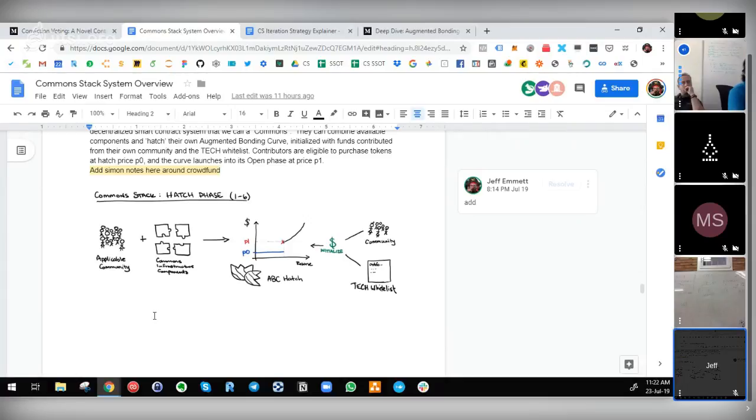Now, most of our real physics engineering work is built on natural laws. So F equals ma, V equals IR, etc. What we're saying in this bonding curve design is that as the creator of the bonding curve, we decide what that V equals IR equation is.